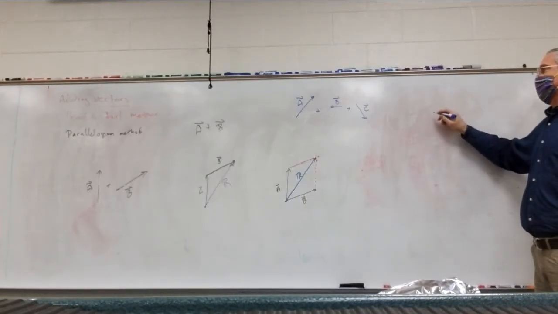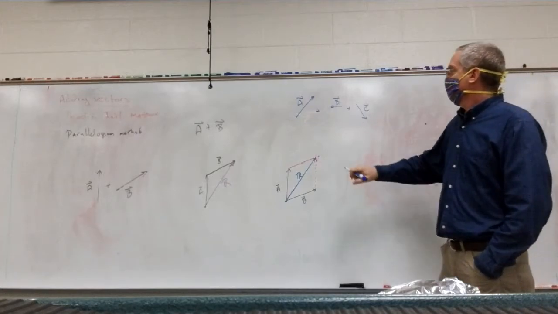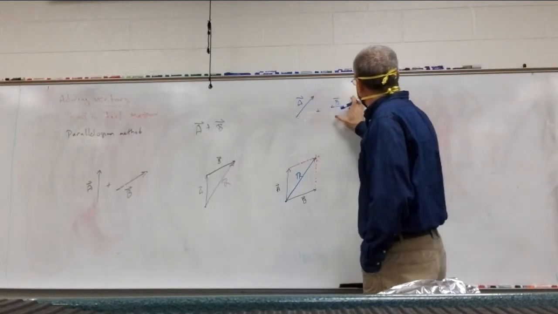I'll start with A. Do a point, I'm going to do the head to tail method. I'm going to take that vector.